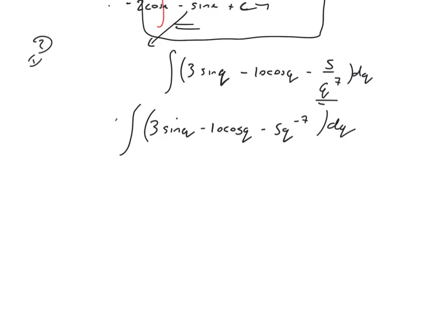So let's go ahead and do that. You integrate sine to get minus cos, so that will be minus 3 cos q. You integrate cos to get sine, so minus cos will be minus sine, minus 10 sine q.